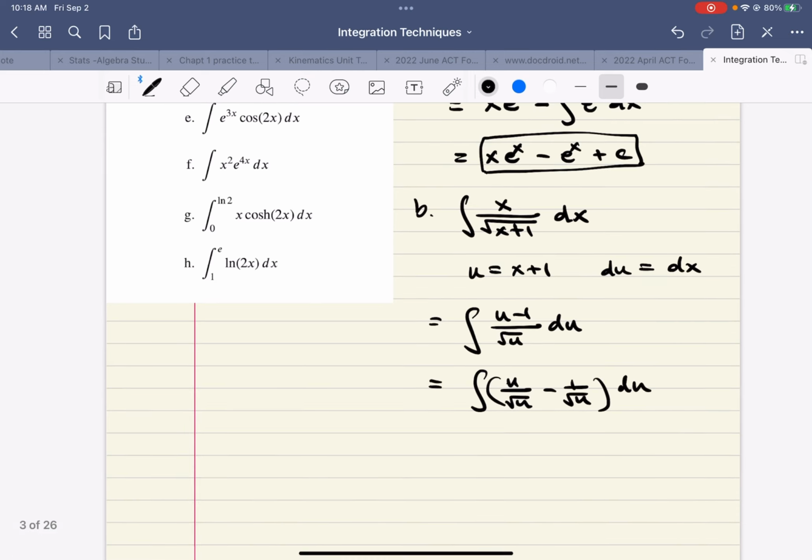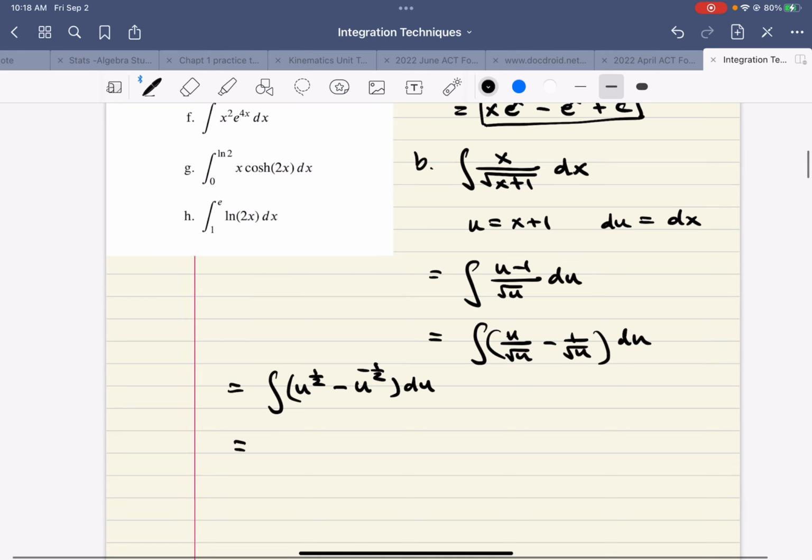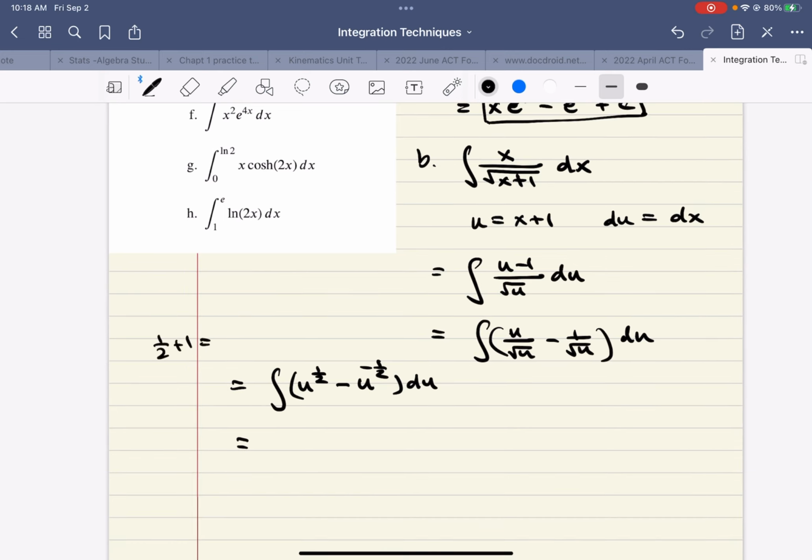Okay, so then the integral of u to the 1 minus 1 half is 1 half, minus u to the negative 1 half. You can switch it like that, and then use just the power rule. So 1 half plus 1 is 3 over 2, right?